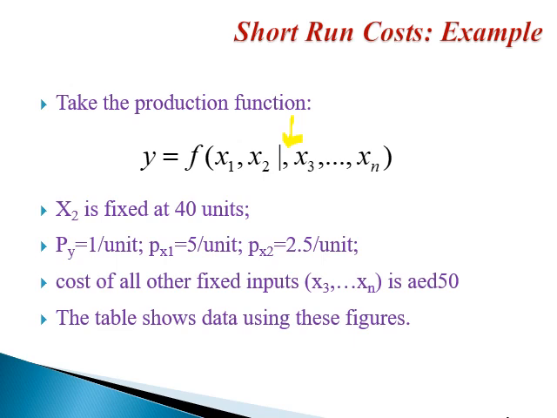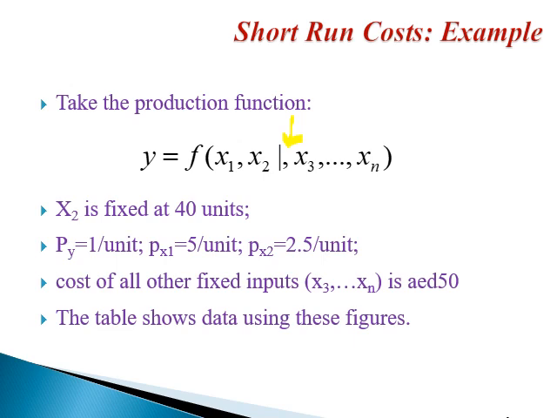This is the complication here, which is the mixing of your understanding of what is a fixed input and what is a variable input. x2 here is a variable input, but the amount of that variable input is fixed at 40 units. And I am going to change the level of x1 and see what will happen to y.